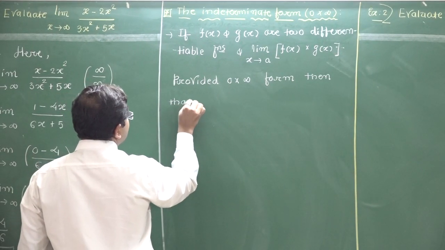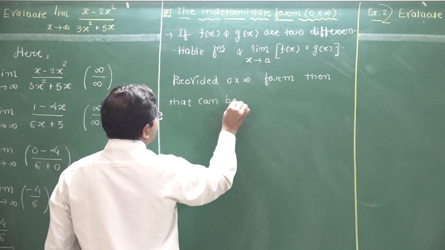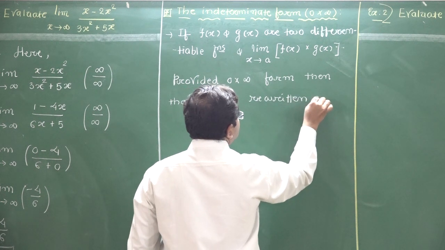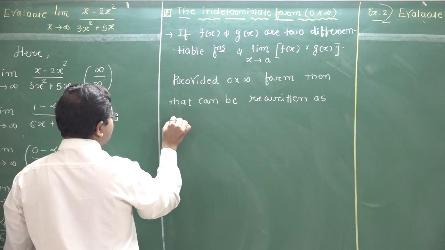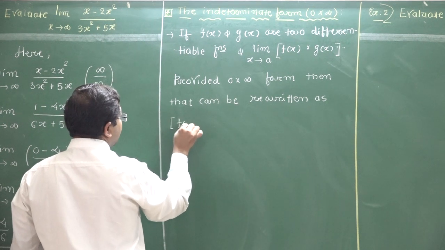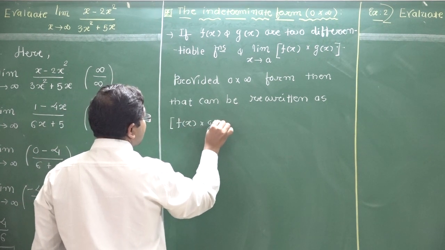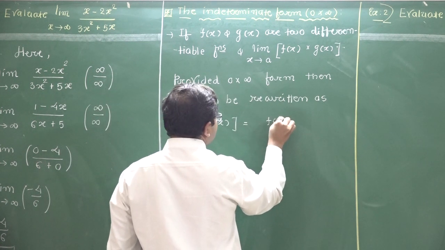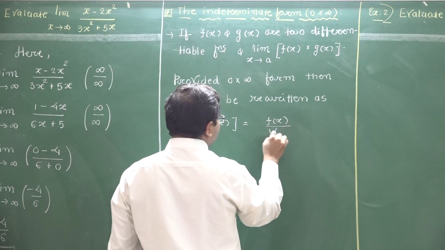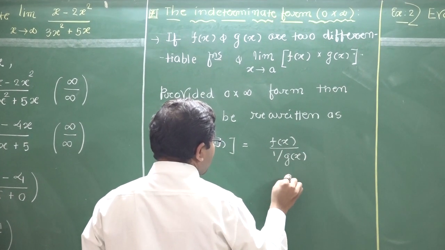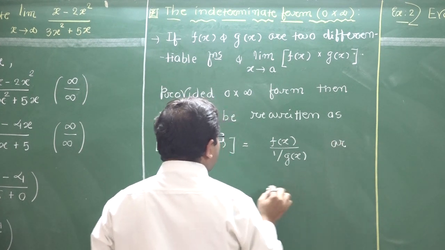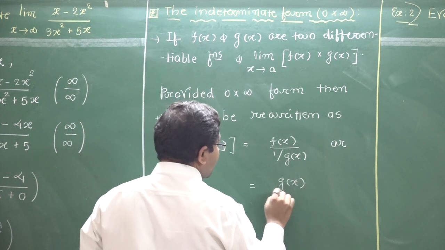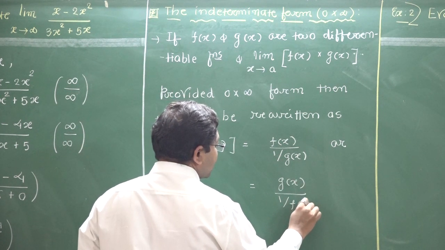that can be rewritten as f of x into g of x, which is equal to either f of x upon 1 upon g of x, or g of x as it is upon 1 upon f of x.